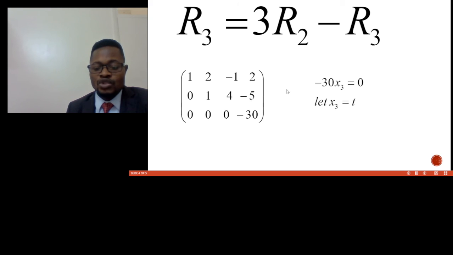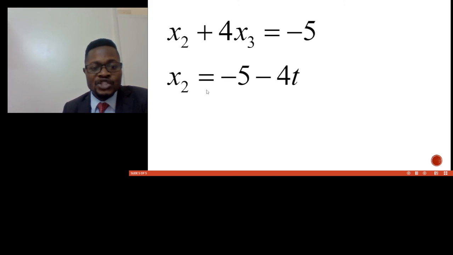So it is x2 plus 4x3 to give you negative 5. So we make x2 the subject by taking 4x3 to the other side. It will be negative 5 minus 4x3. But remember our x3 was t, so this becomes 4t. And this is our x2.